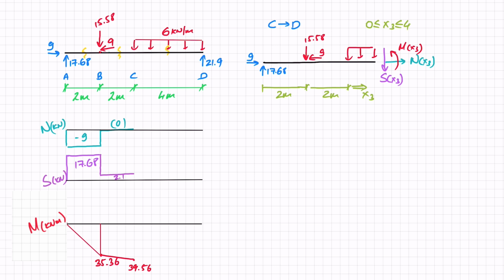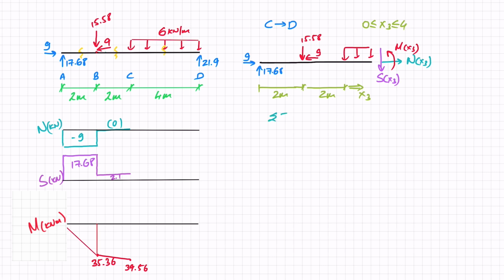And that's it. We need to once again go through all the equations of equilibrium and find those internal forces. So starting with the sum of forces in the x direction, I've got N x3 plus 9 minus 9. Nothing else has been added in the axial direction.